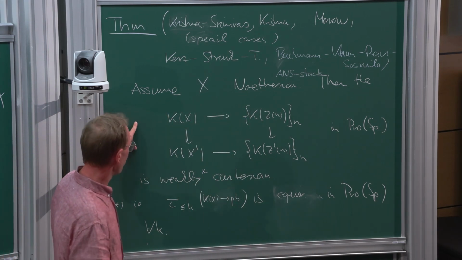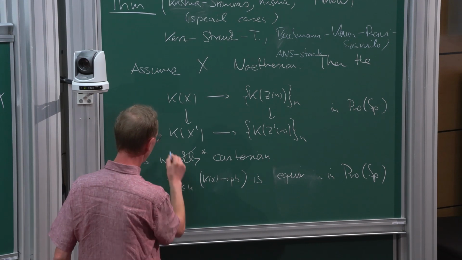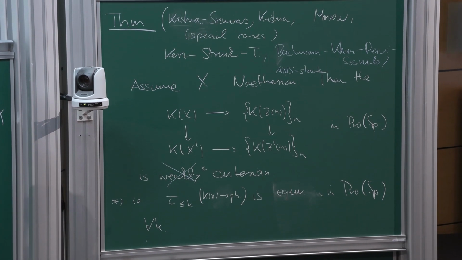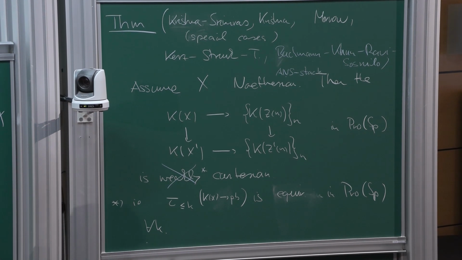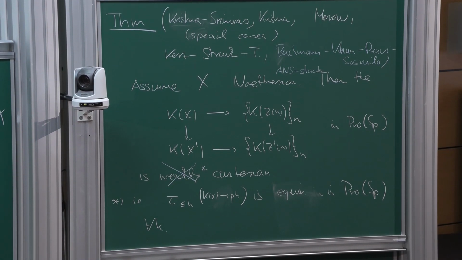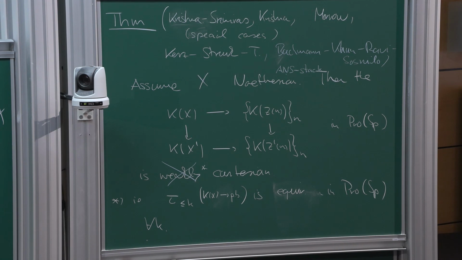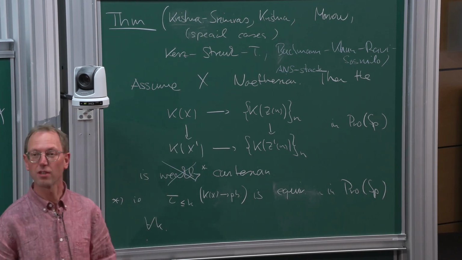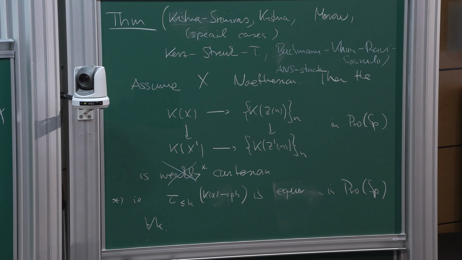And then they removed this weakly condition here. So it's really Cartesian after all. Okay, but without assuming that X is finite dimensional. This I didn't check.